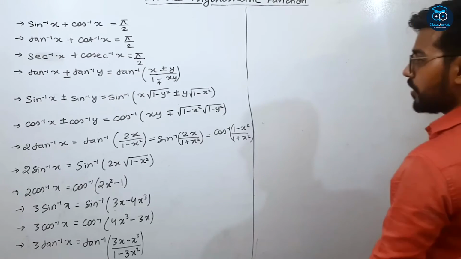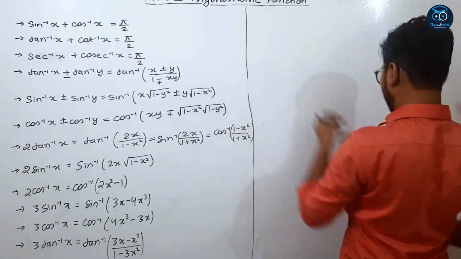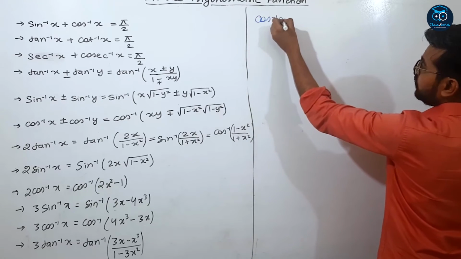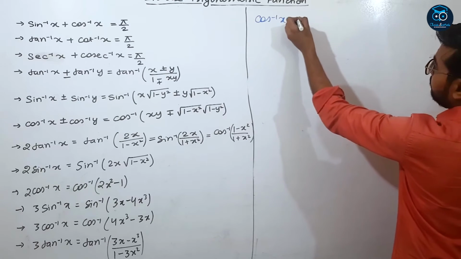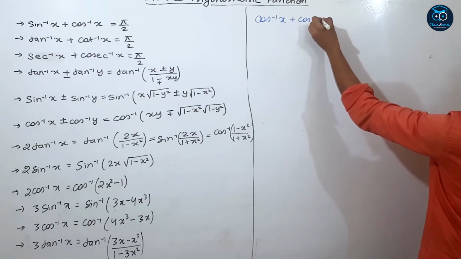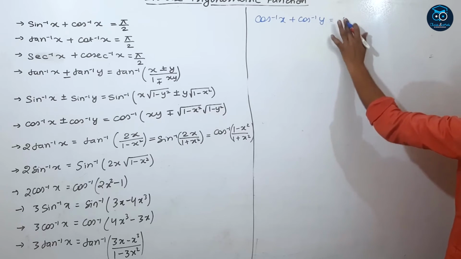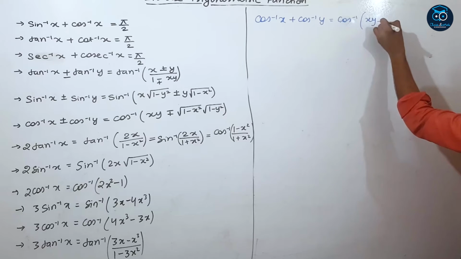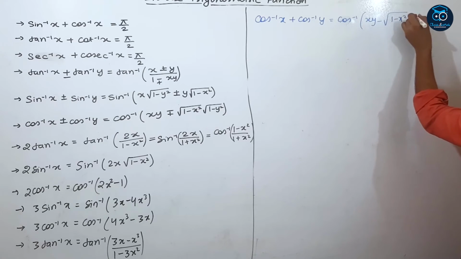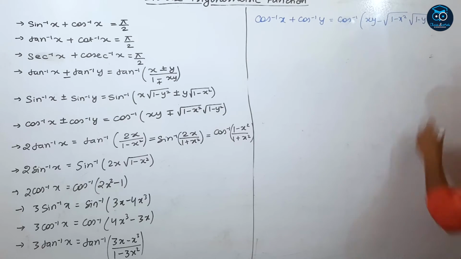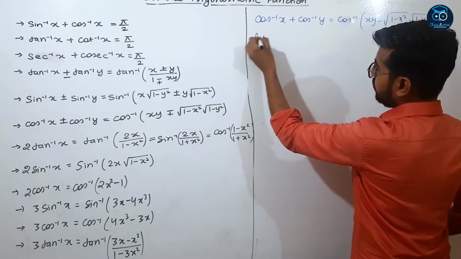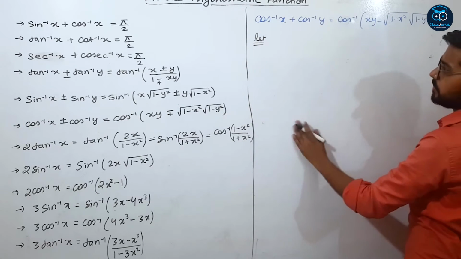Okay, now moving further with our next equation, that is cos inverse x plus cos inverse y, that is cos inverse of xy minus square root of 1 minus x square into 1 minus y square. We can solve this the same way.